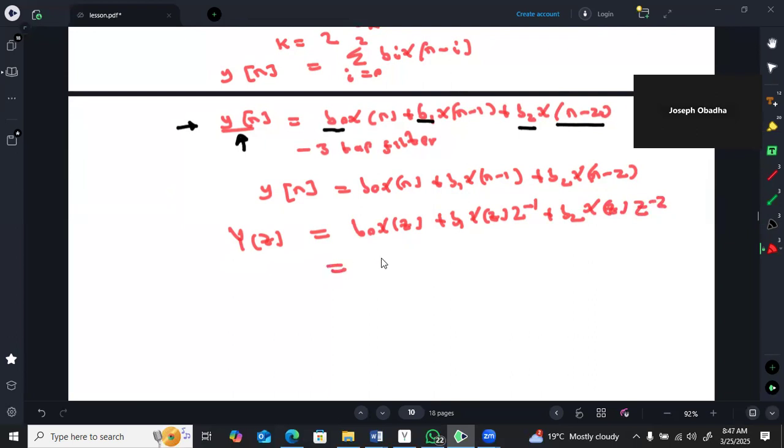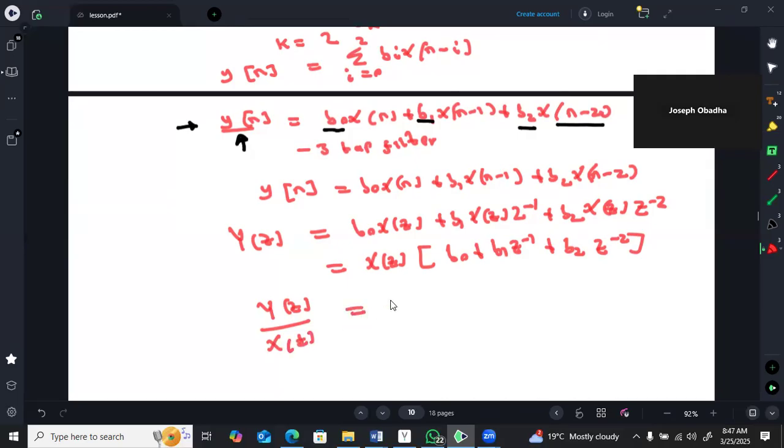This can be expressed as X of z times b0 plus b1 z to the minus 1 plus b2 z to the minus 2, so that Y of z over X of z is given by b0 plus b1 z to the minus 1 plus b2 z to the minus 2.